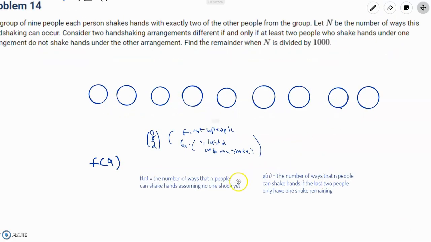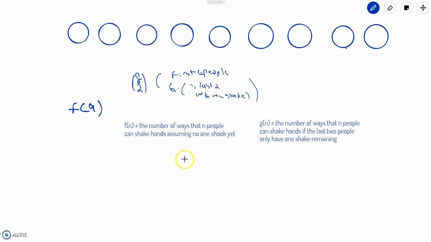So now we want to find a way to relate f of n and g of n together, maybe through an equation or something. So let's call f of n. Let's just see what happens when we have this state. So this last person, since it's all empty, he shakes with any of these n-1 people. He chooses 2 people to shake with. And after that, we're in a state where n-1 people are there, and the last 2 people only have 1 shake remaining.